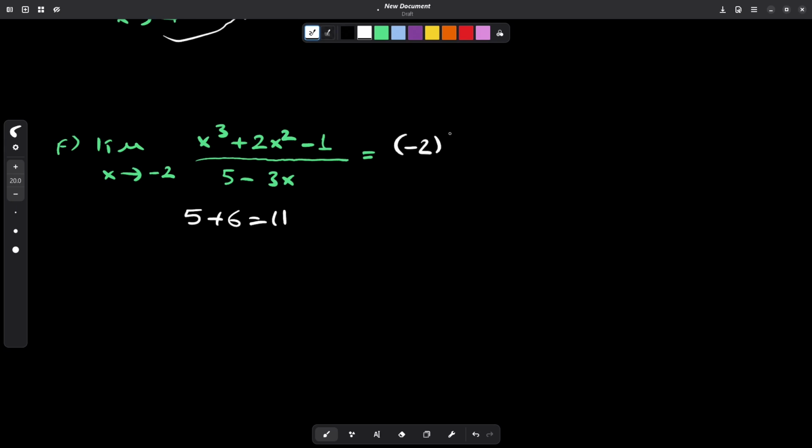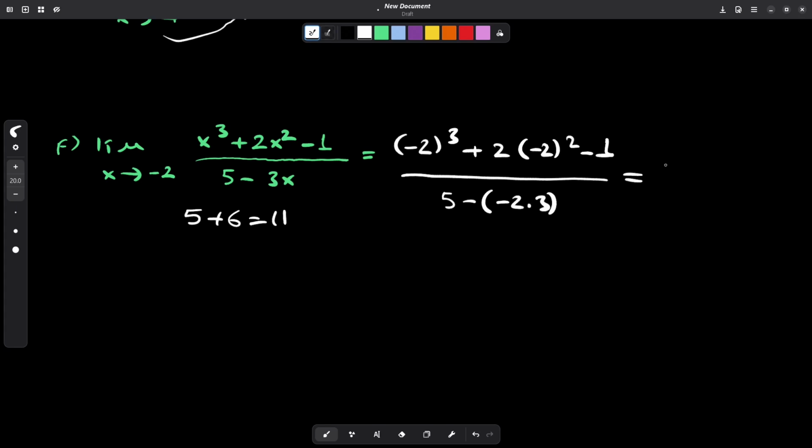Negative 2 cubed plus 2 multiplied with negative 2 squared minus 1 over 5 minus negative 2 multiplied with 3. Negative 8 plus 8 minus 1 over 5 plus 6, which is 11, which is equal to negative 1 over 11.